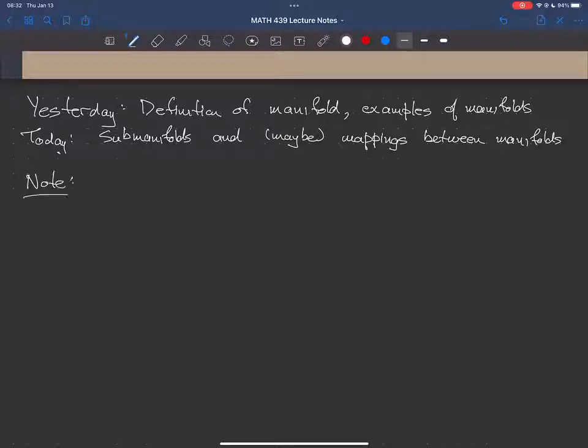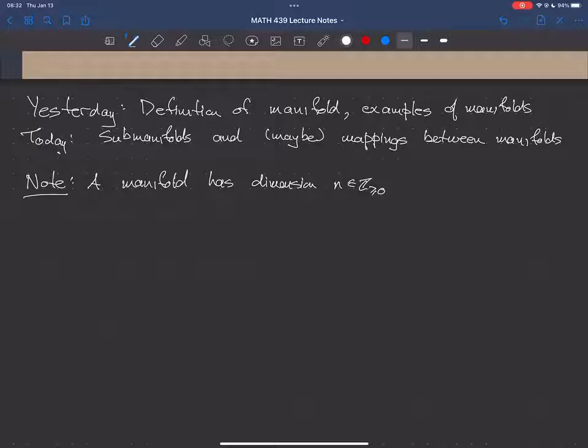So typically when we talk about manifolds, we talk about their dimension. So a manifold has dimension n, and n of course is a non-negative integer. Dimension could be 0, the same as a vector space could have 0 dimension.